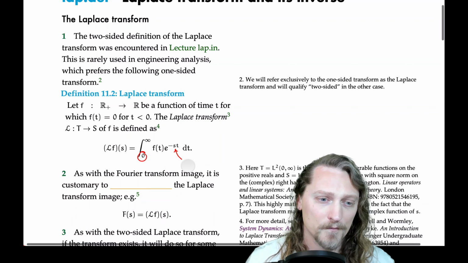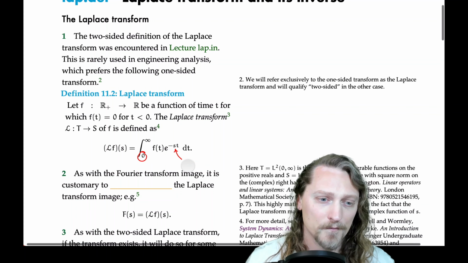As with the Fourier transform image, it is customary to capitalize the Laplace transform image. For example, f of s, capital F of s, is equal to the Laplace transform of f of s.